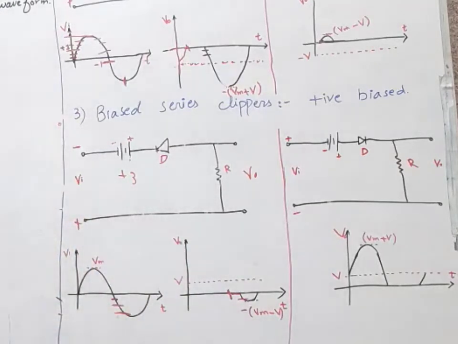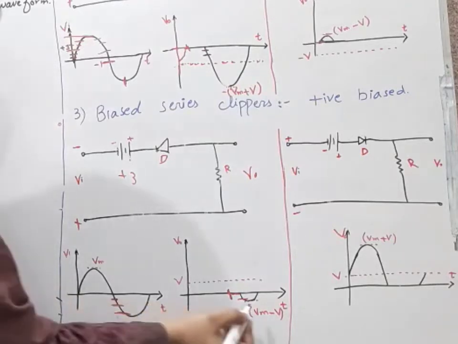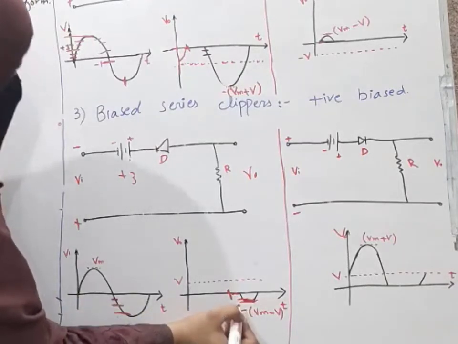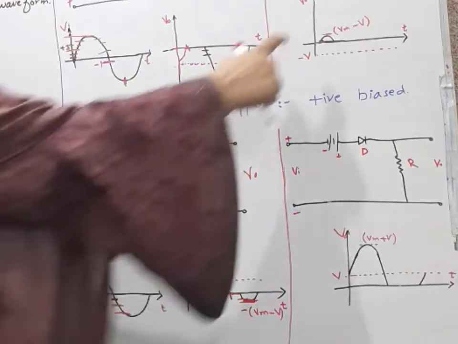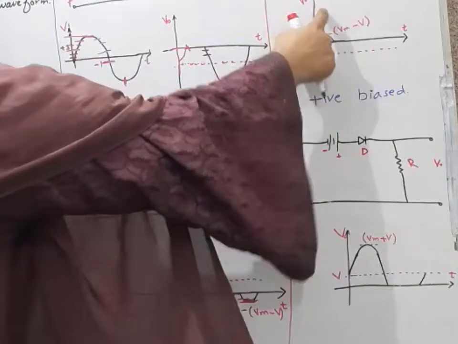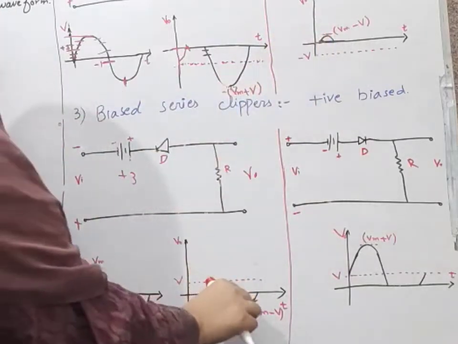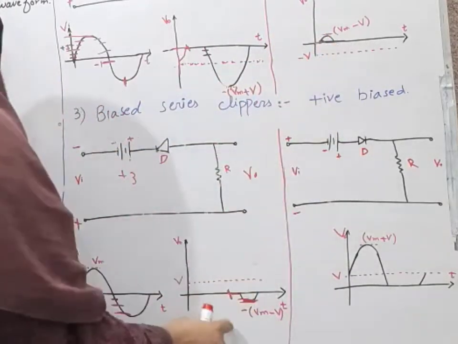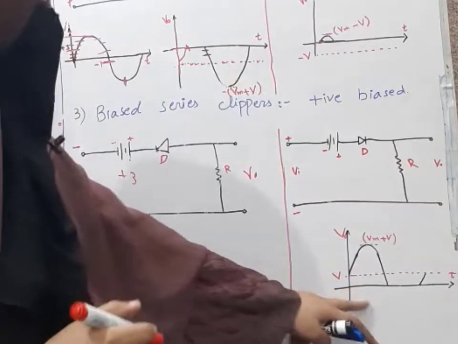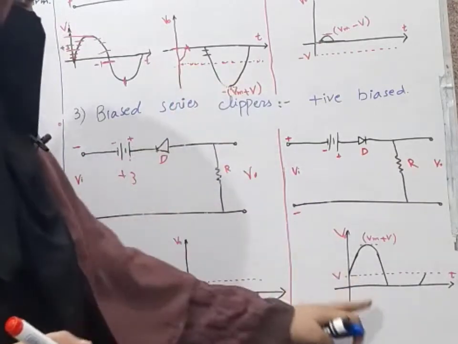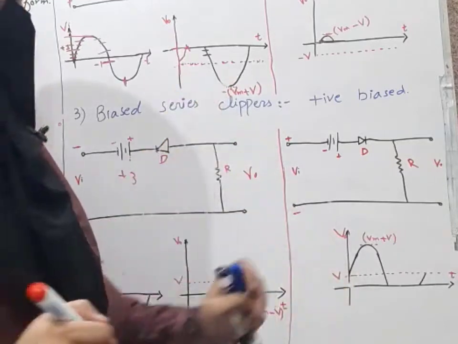For -6 we will get -3 potential at the output waveform. So I hope this circuit is similar to this one, and the logic behind these two output waveforms is the same.